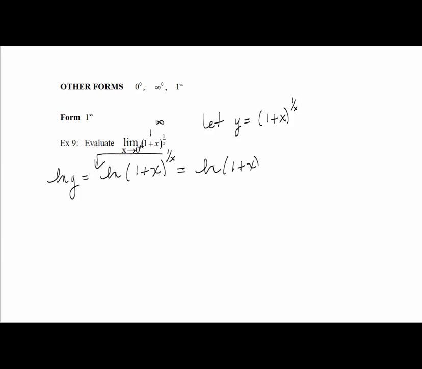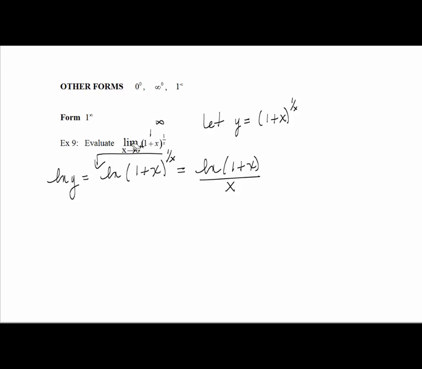But what I'm first going to do is let y equal (1 plus x) to the 1 over x, and then take the natural log of each side, which gives me the natural log of y equals the natural log of (1 plus x) to the 1 over x. That allows me to bring that 1 over x down, giving me the natural log of 1 plus x over x.